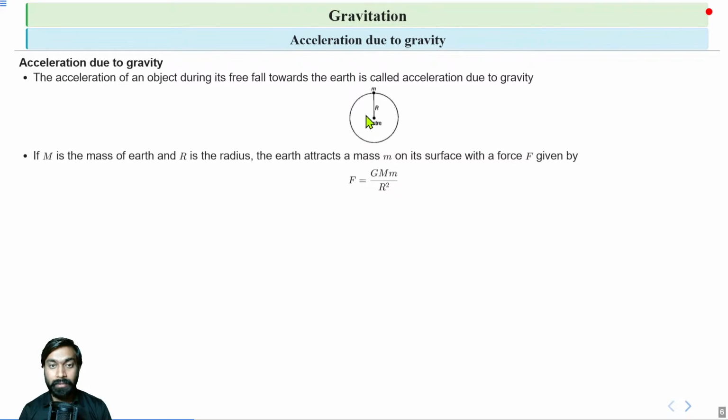Here capital M is the mass of the earth, small m is the mass of the body that is attracted by gravity towards the surface of the earth, and r is the radius of the earth.